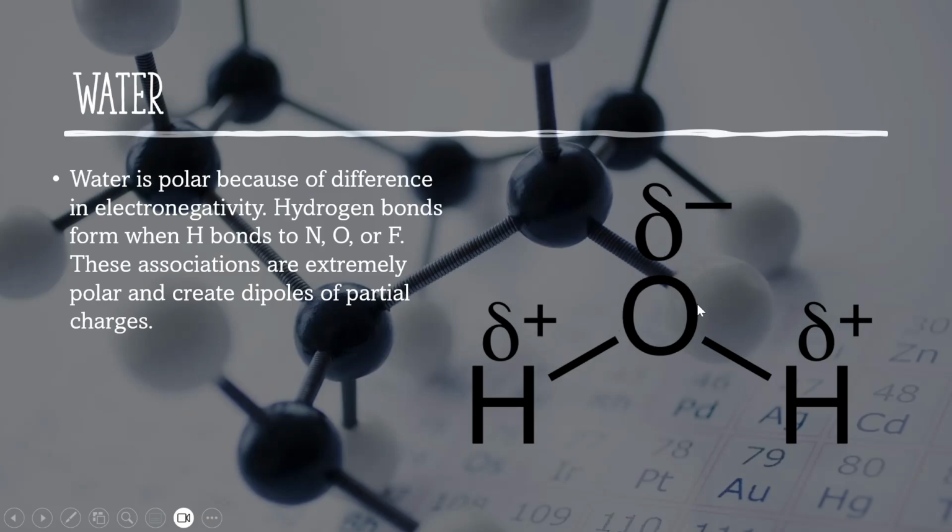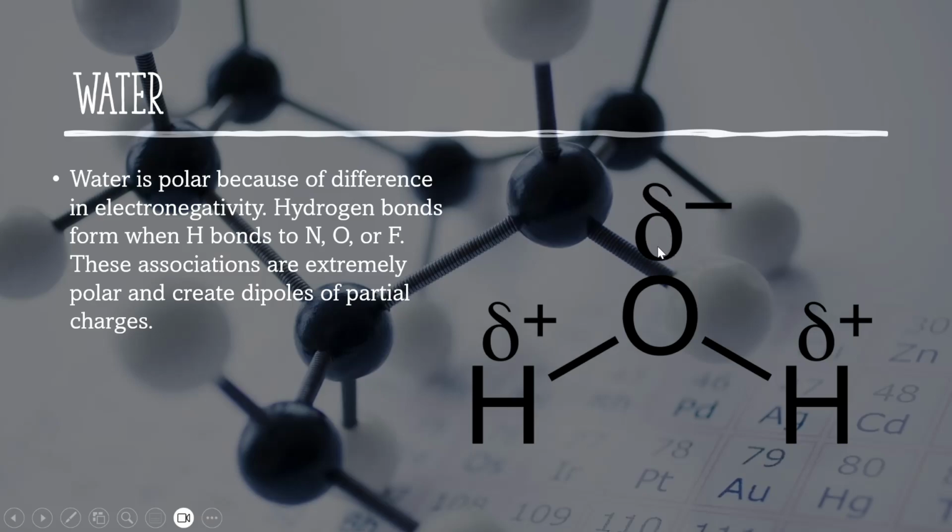This oxygen is more electronegative than your hydrogens here, so it's going to be pulling the density of the electrons towards it. I think it's easier to remember if you think about how oxygen has a lot of protons associated with it in comparison to hydrogen. So the protons of the oxygen are going to be pulling electron density towards it.